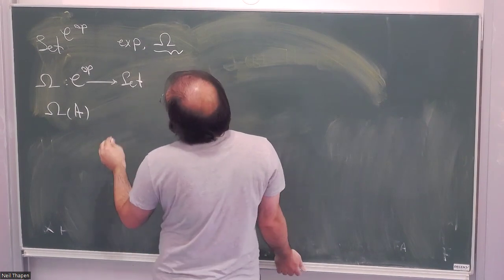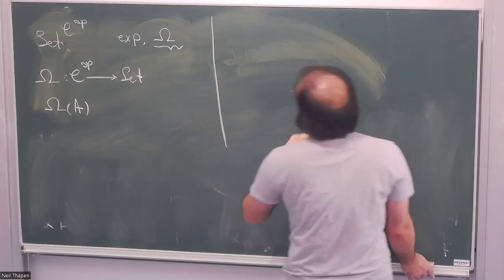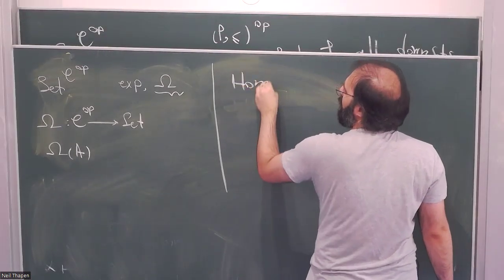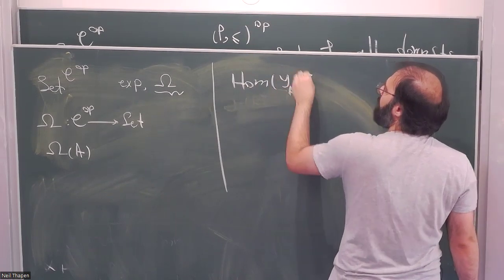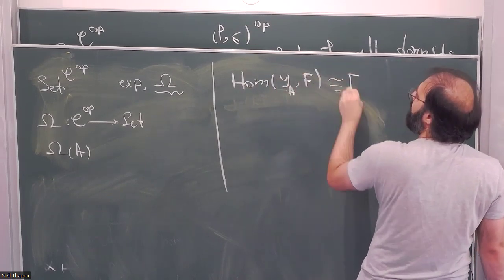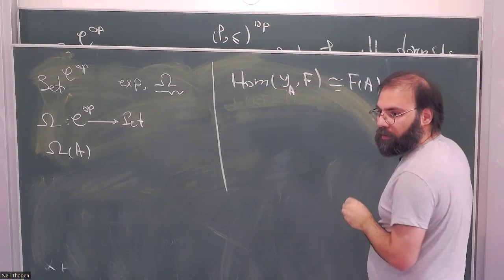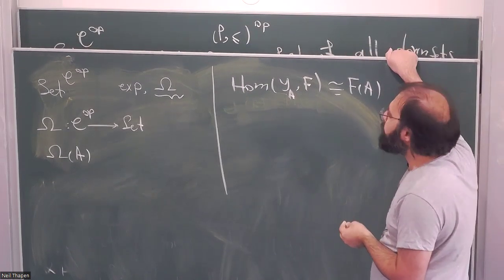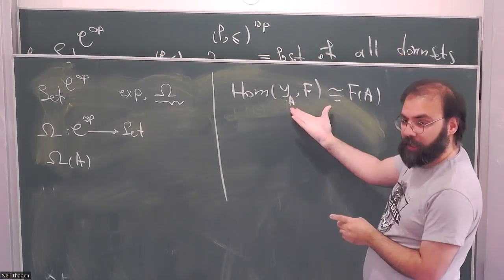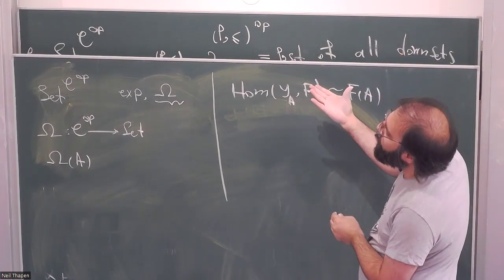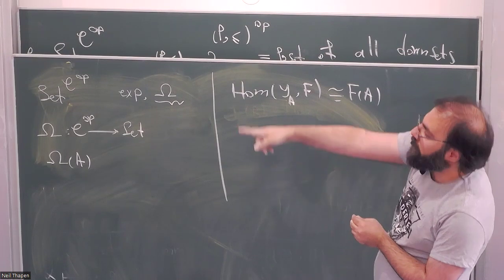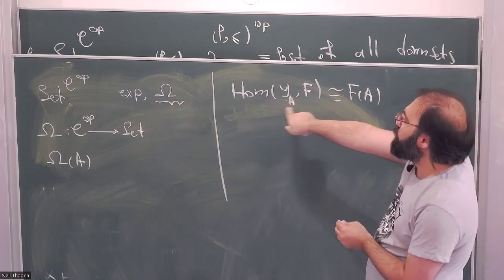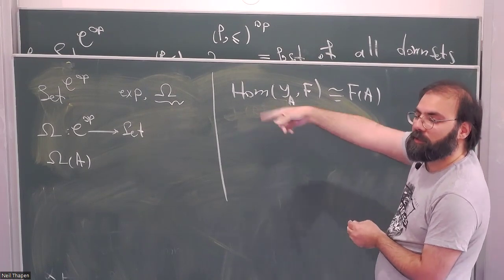This Yoneda lemma says that Hom of Yoneda A and F is simply F of A. Yes, I'm saying that this Yoneda lemma is helpful to define things. There we used it for computation, to prove things, but it is also useful to define, to guess whatever it should be.